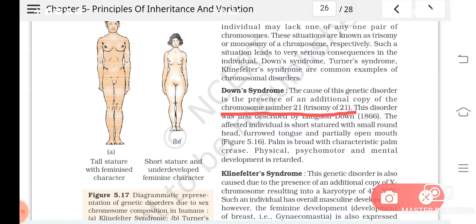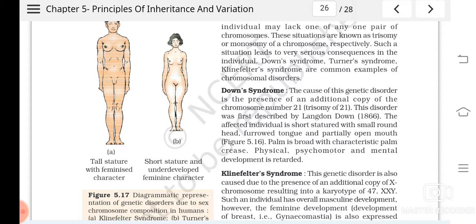Understood? And this was first described by Langdon Down, and the symptoms are: they are short statured, with a small round head, furrowed tongue, and a partially open mouth.